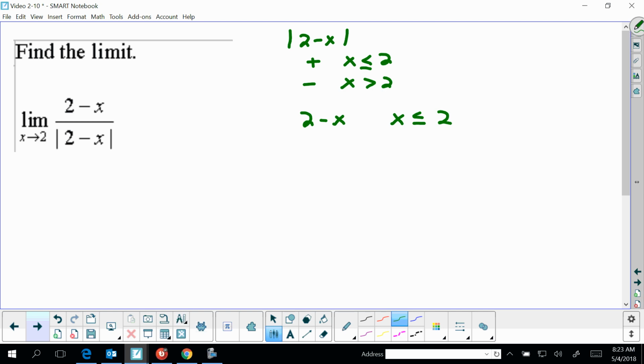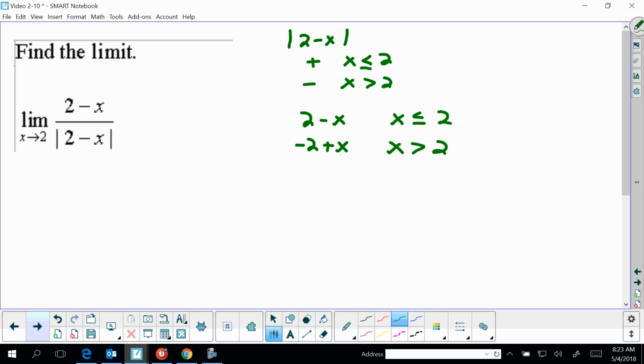But for the second section, when x is greater than 2, because the number inside will be negative, we will end up negating what's inside. Like if we got -7 inside, we would negate it and say the absolute value is +7. So to be able to write this without the absolute value, when x is greater than 2, our function would be -2 plus x. And where that's coming from is it's negating both parts. So we're really going to write this as a piecewise function.